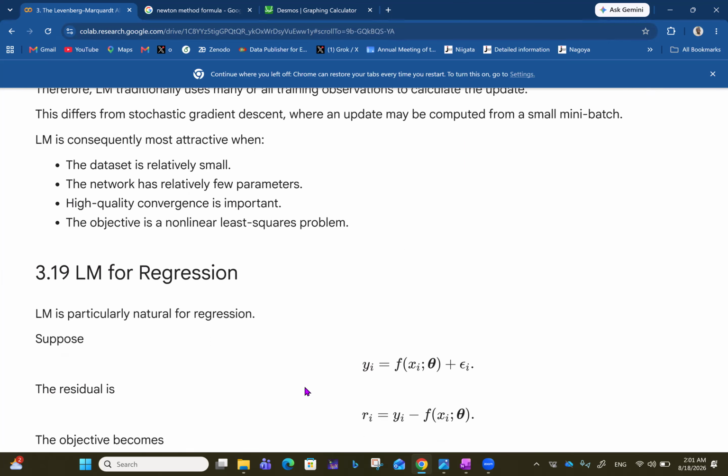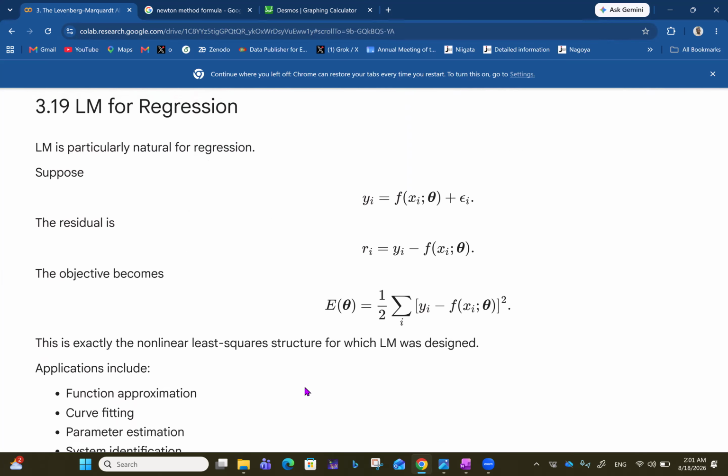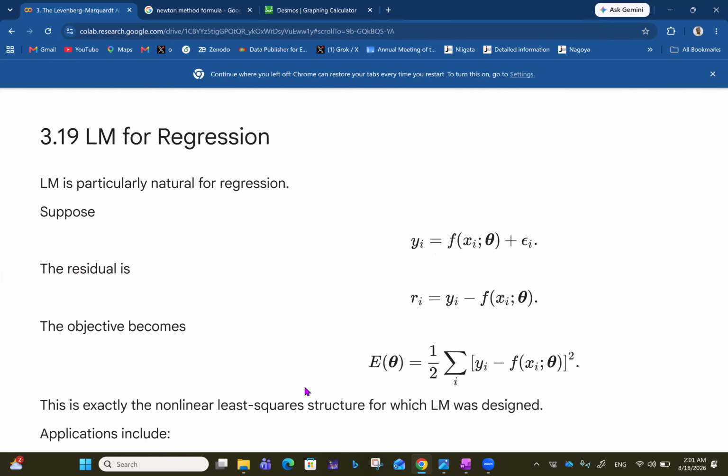Those are the conditions. So, using LM for regression now, LM is particularly natural for regression. Suppose y_i is f of x_i, theta plus epsilon_i. The residual is then R_i equals y_i minus f of x_i, theta.